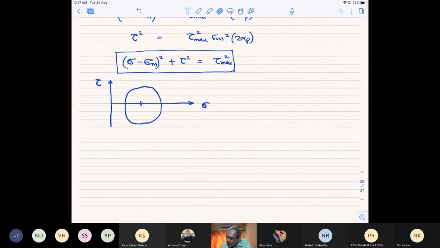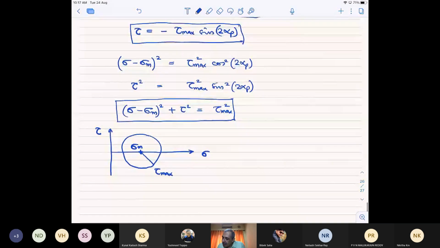This doesn't look like a nice circle. Let me try again. Looks something oblong. Slightly better. Now, this point, as we have seen, is sigma m, and this radius is tau max.